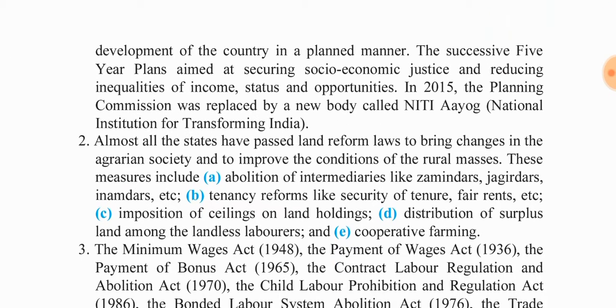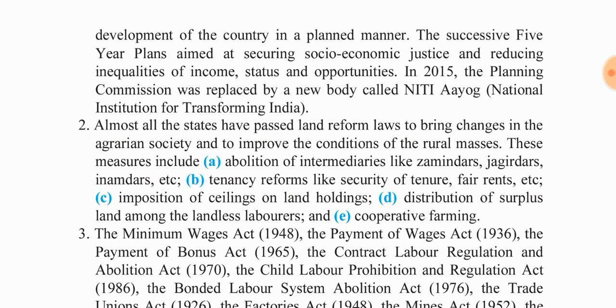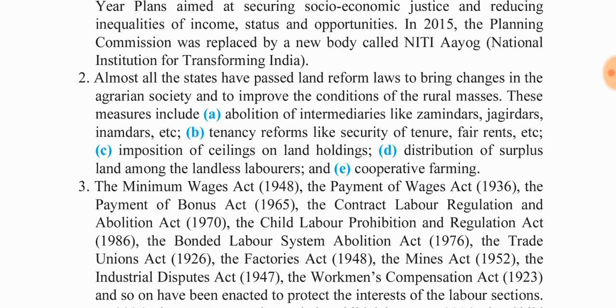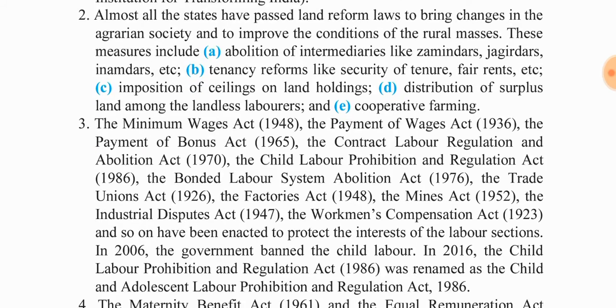Then they also came up with abolition of intermediaries like Zamindars, Jagirdars and Inamdars, etc. Tenancy reforms like security of tenure, fair rents, etc. Imposition of ceilings on land holdings, distribution of surplus land among the landless labourers, and cooperative farming. Then they came up with many acts such as the Minimum Wage Act, so you can read it.